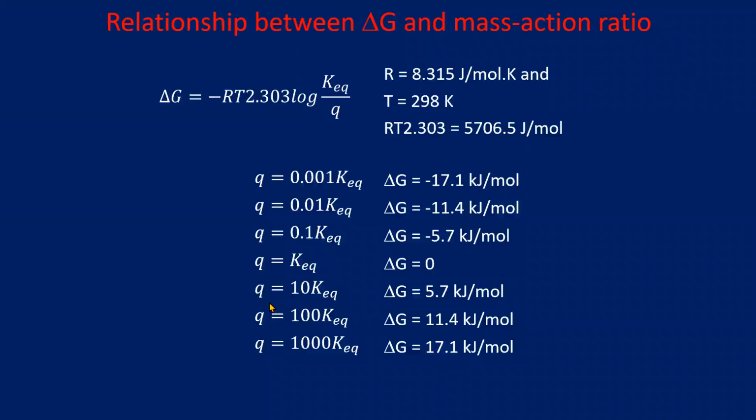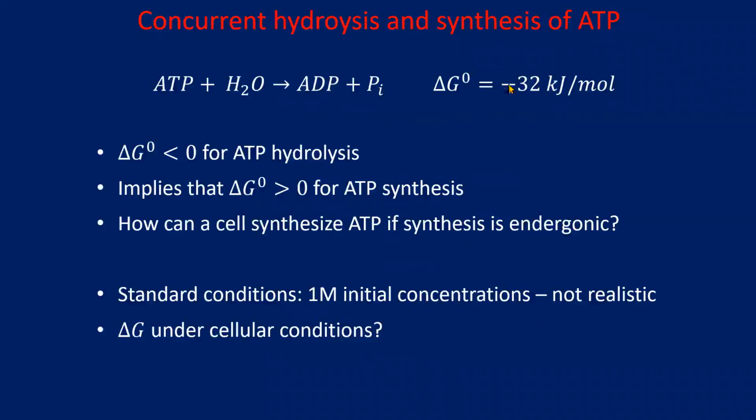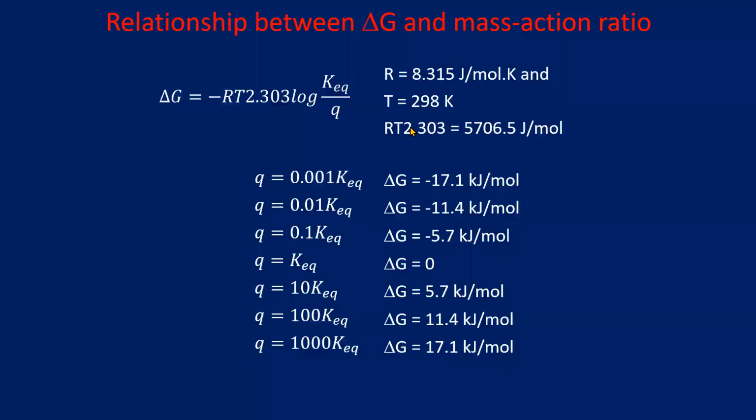And when this ratio Q divided by K equilibrium is more than 1, delta G will be positive, and the magnitude depends on what this ratio is. So that's the approximation: delta G naught of minus 32 kilojoules per mole was made, but actually it is somewhere about minus 30.5.